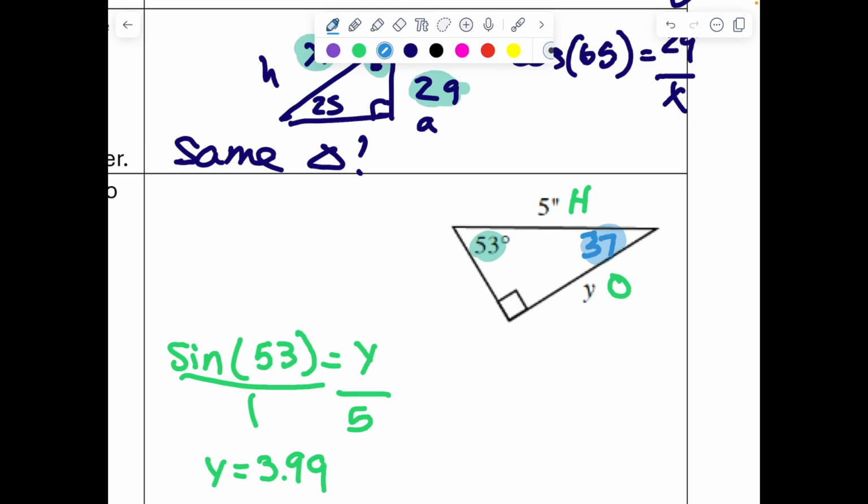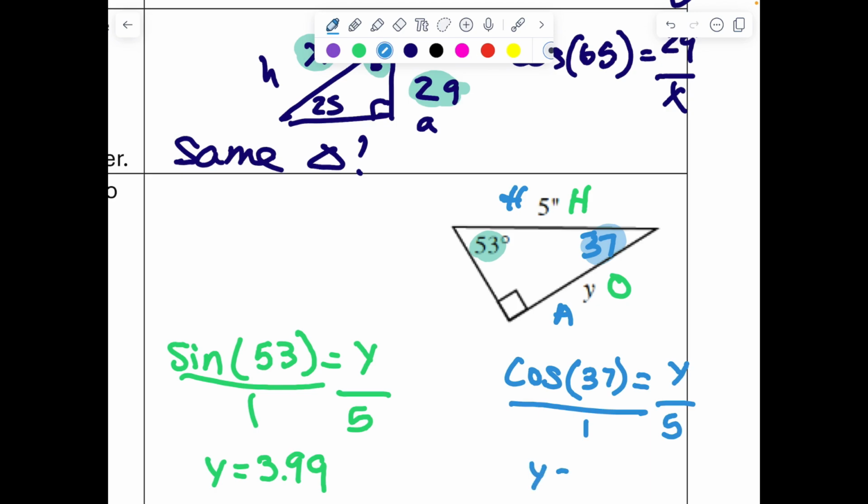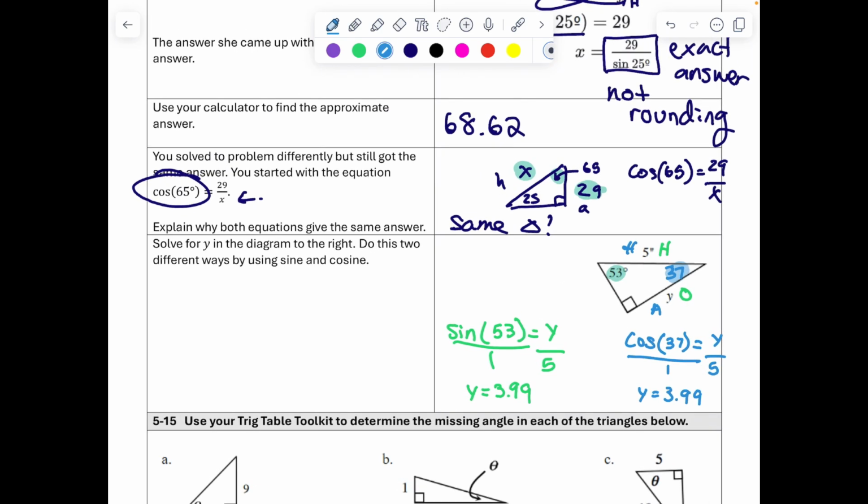Because all the angles should add up to 180. And now, because we're focusing on this angle, this is now the adjacent side, and this is still the hypotenuse. So now we're using cosine because we're working with the adjacent and the hypotenuse. So the cosine of 37 is y over 5. And let's cross multiply this. And would you look at that? We still get 3.99. So we solved that in two different ways.